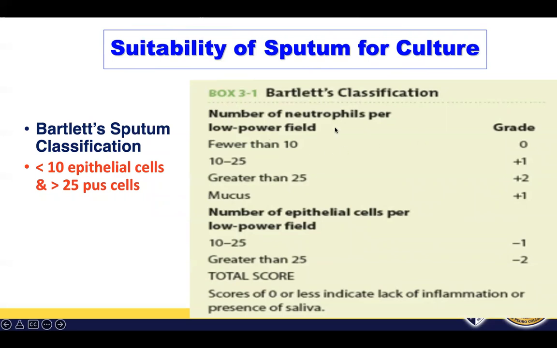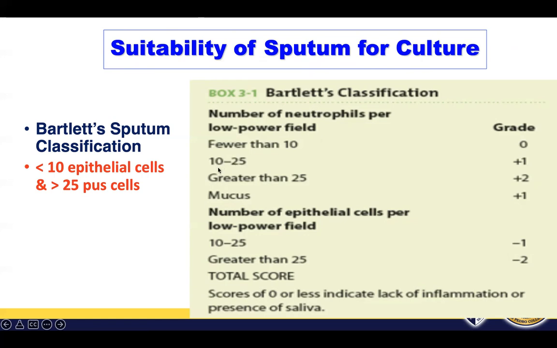Now, this is an example of the Bartlett's classification. So the number of neutrophils or WBCs or pus cells per low power field are usually graded. Same thing with the number of epithelial cells per low power field. If, for example, the number of neutrophils that you were able to count in LPF is fewer than 10, the grade given for that sample is 0.